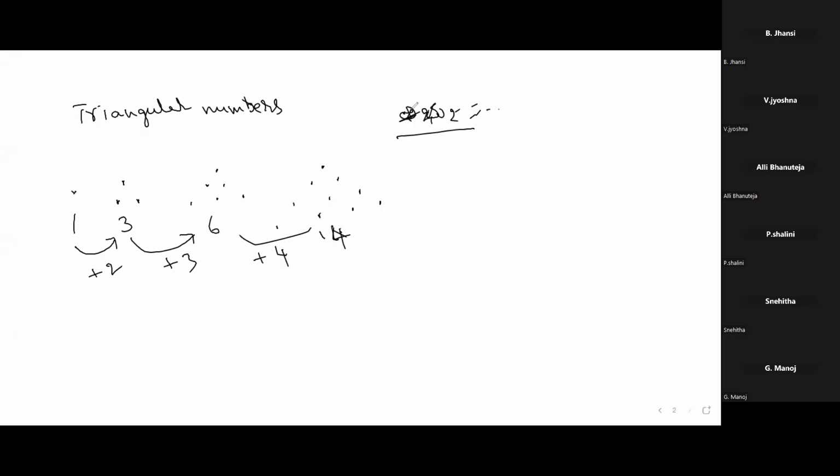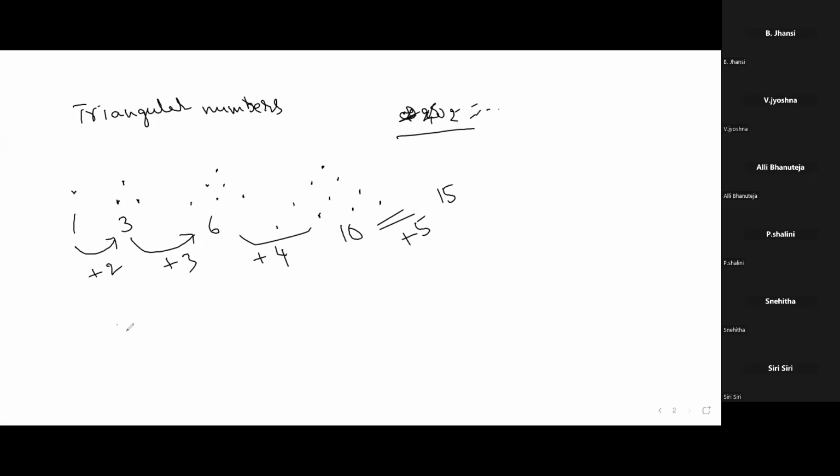That's so you can see 10 here. Correct. So what will be the next one? Naturally +5 is the next one, so it will become 15. Okay. The next one will be +6, that is 21.